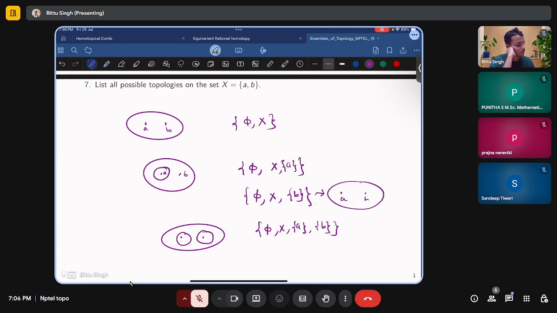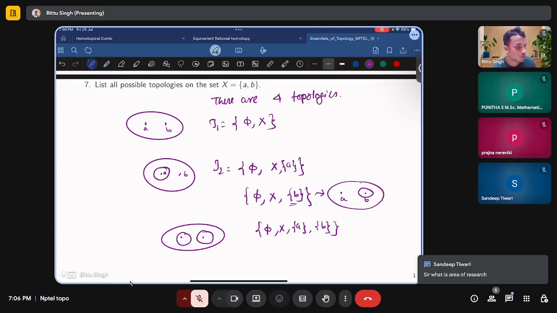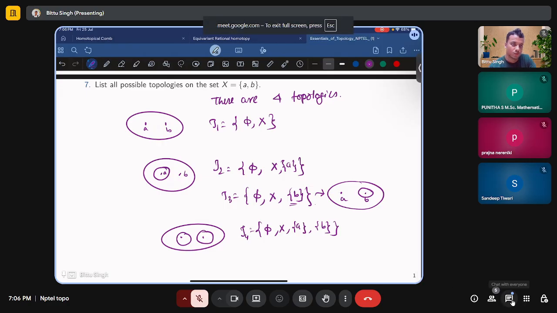Take only B. This is B. So there are 4 choices, so there are 4 topologies. This is tau 1, tau 2, tau 3, tau 4. Okay, my area of research is algebraic topology.